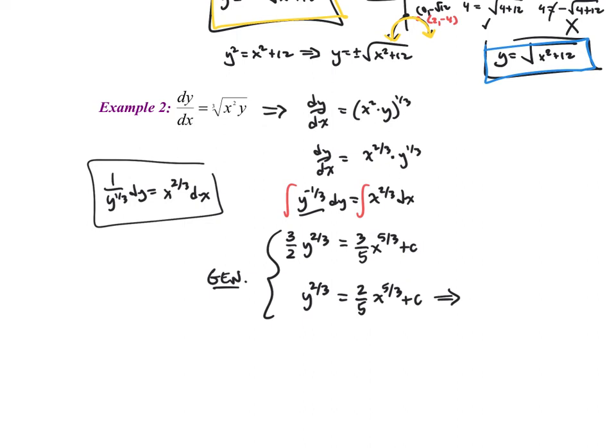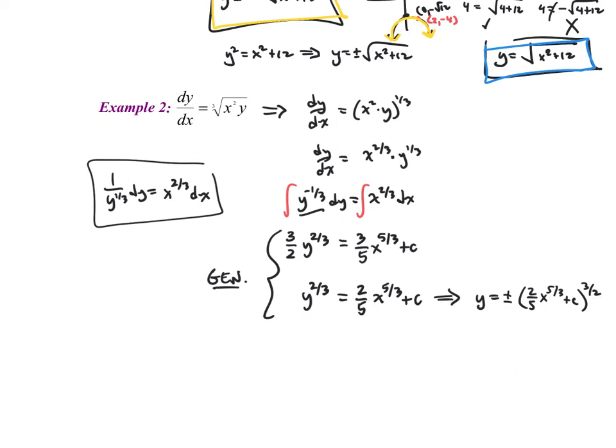If I raise this to the 3/2 power, I'm technically taking an even root of both sides, so I'm going to tag on plus or minus (2/5 x to the 5/3 plus c) to the 3/2. The reason for the plus or minus is this 2 right here, an even root.